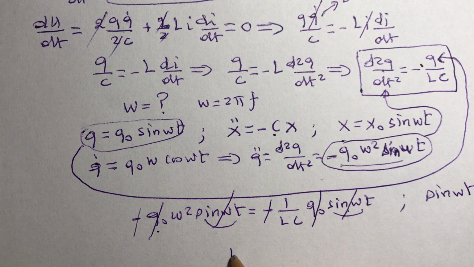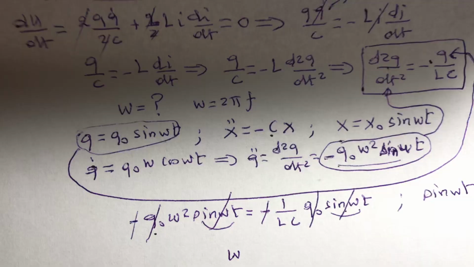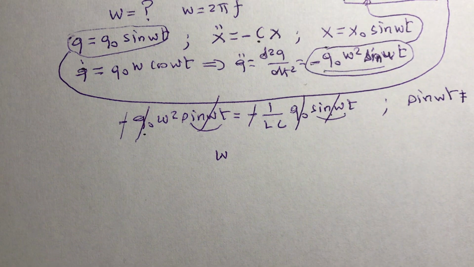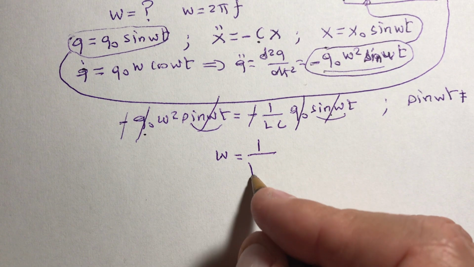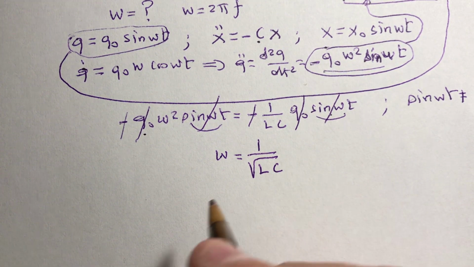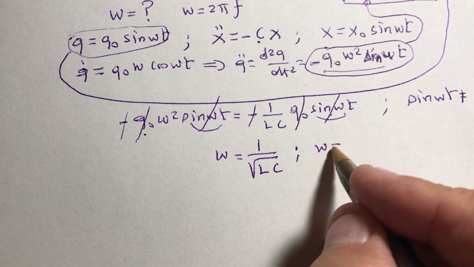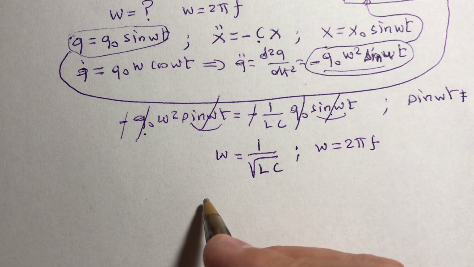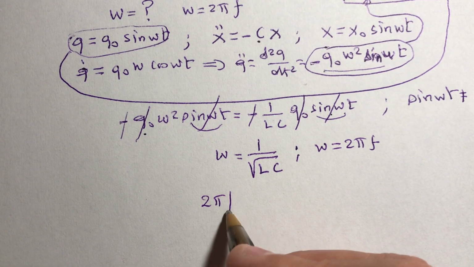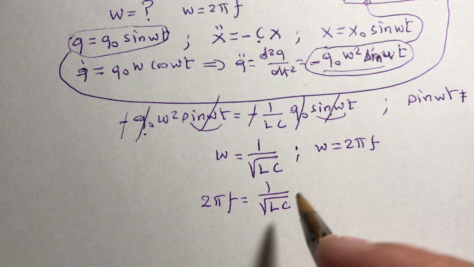So omega is equal to 1 over square root of LC. But remember, omega is equal to 2 pi f. So I put here 2 pi f is equal to 1 over square root of LC.